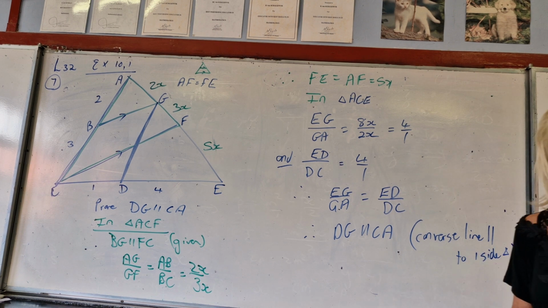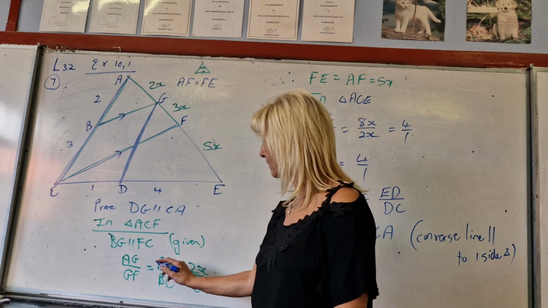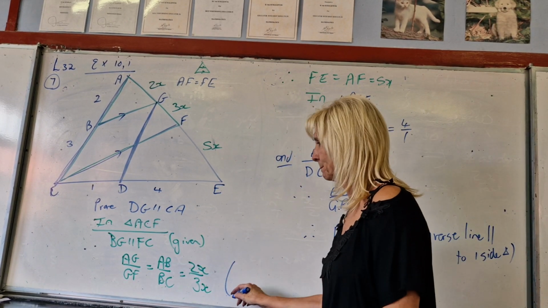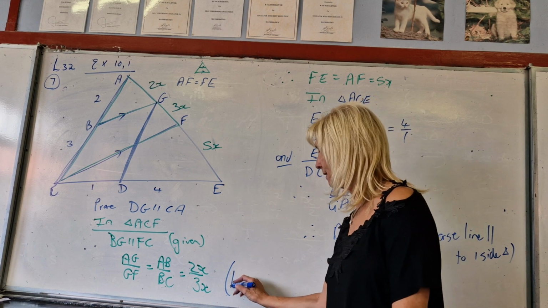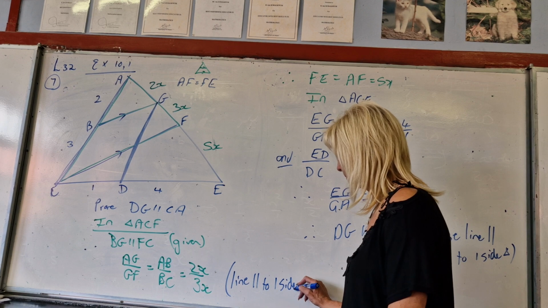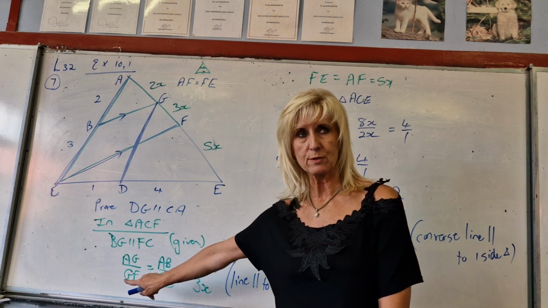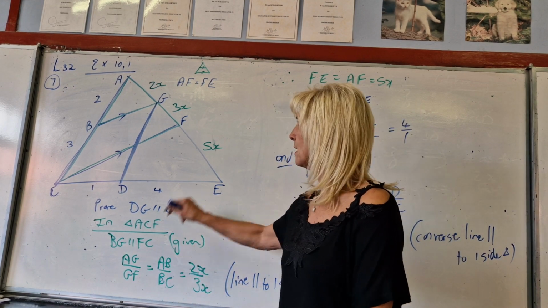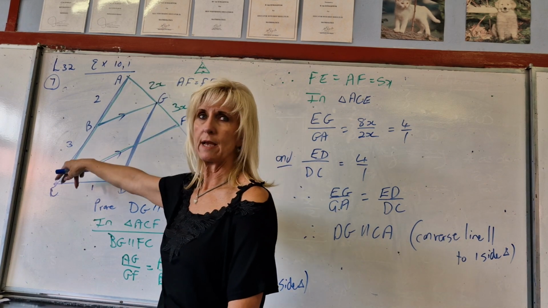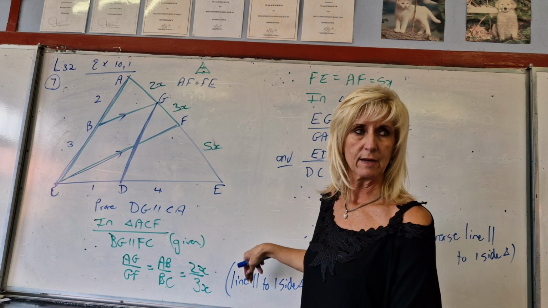How many marks? So, oh, I've lost a mark. Line parallel to one side of a triangle. When you say that, why is it so that AG over GF and AB over BC are the same? Why is that so? Because of that theorem.